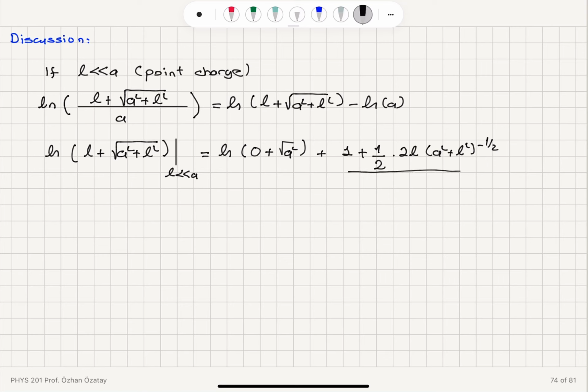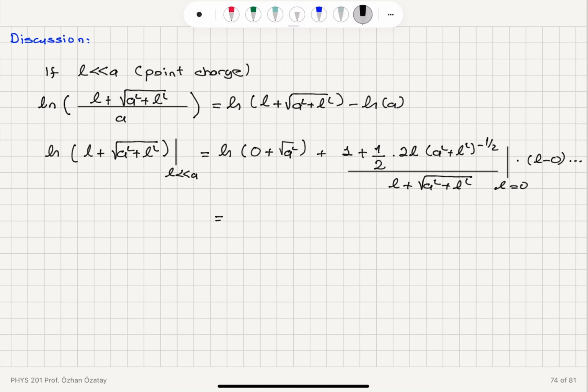And then this has to be divided by itself, L plus square root of A squared plus L squared. And this will be evaluated at L equal to 0, multiplied with L minus 0. So that's the second term in the Taylor series expansion, and this goes on like that.